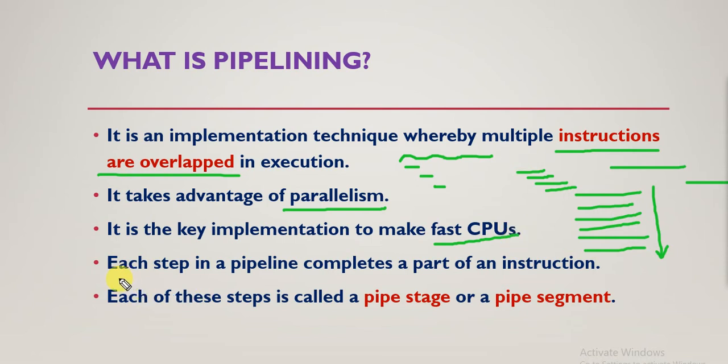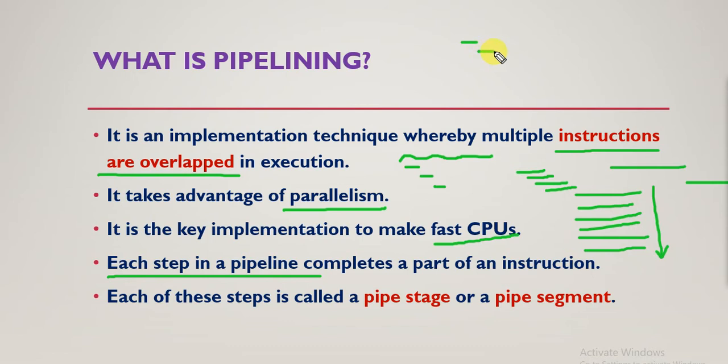Now each step in a pipeline completes a part of an instruction. The pipeline has a number of steps available, and each step of that pipeline completes a part of an instruction, as I was mentioning here. If this is one step of the pipeline, a part of an instruction will be executed.